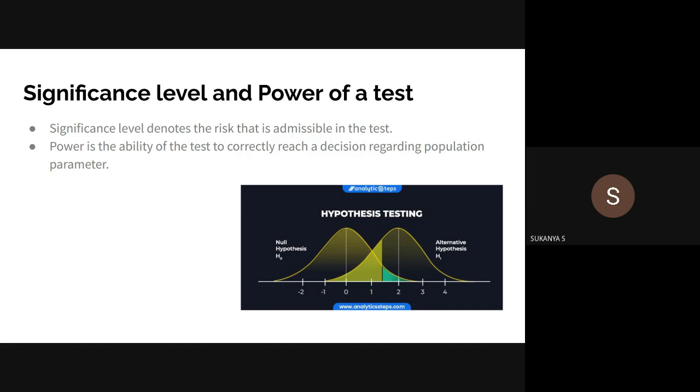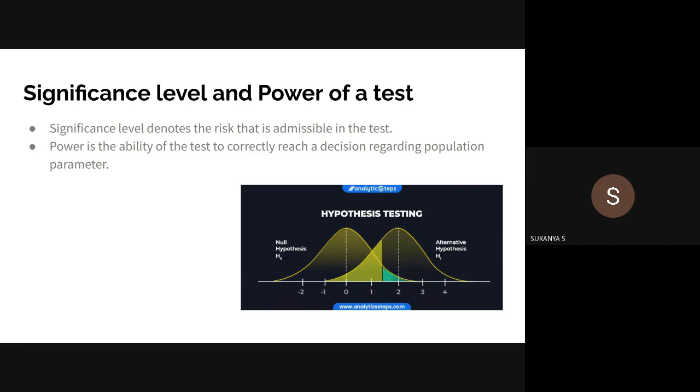But the issue always arises when your data falls in this in-between region. That is when you will have to make a decision. That is usually when we will have to make a call upon it. When you are making a call upon this, this glazing green area that you can see is probably the risk that you're willing to take.